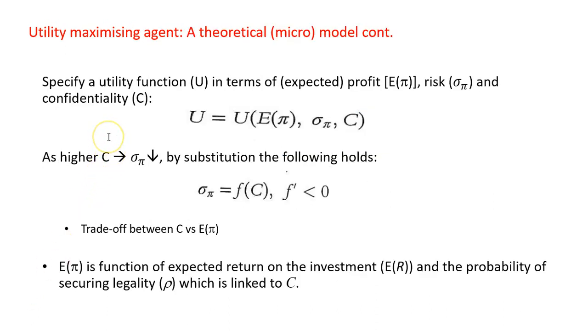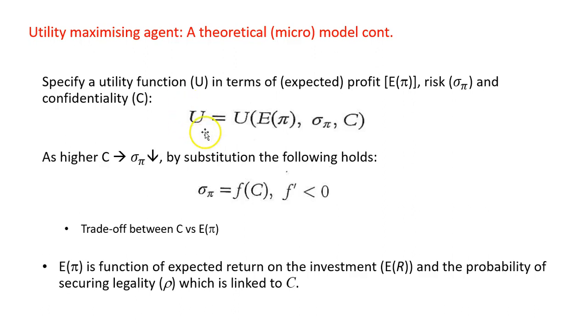Putting these together loosely, we have a utility function, which I should stress is the criminal's utility function, and which is perhaps a little bit unusual, but we just want to understand the criminal's position in this model.